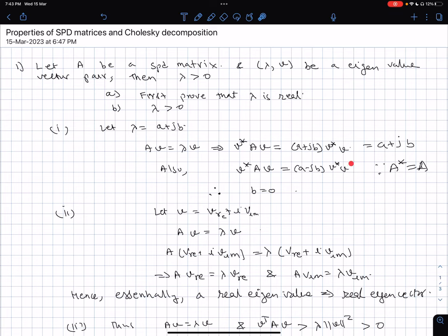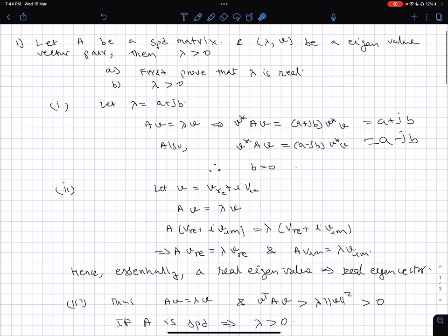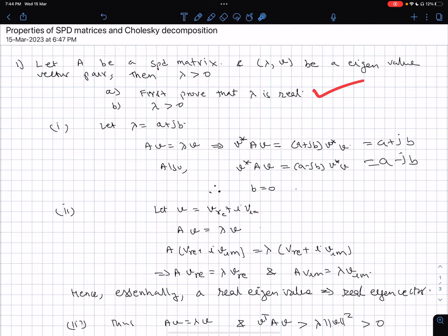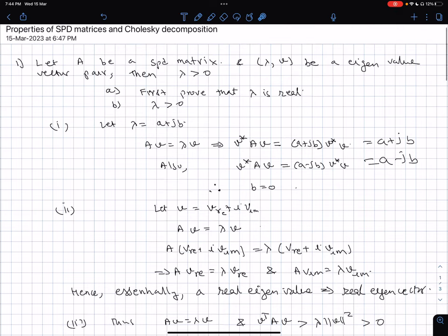But this will change, I'm sorry, we will have to take the complex conjugate of this eigenvalue, which will come here as A minus jB. So V star is equal to A minus jB, and if we equate A plus jB equal to A minus jB, then we get B equal to 0. And so first part, we have proved that the eigenvalue is real.